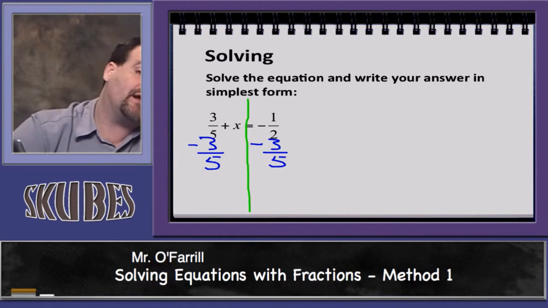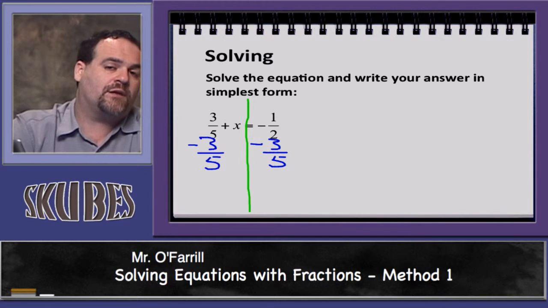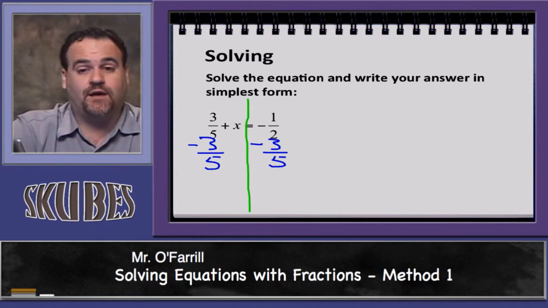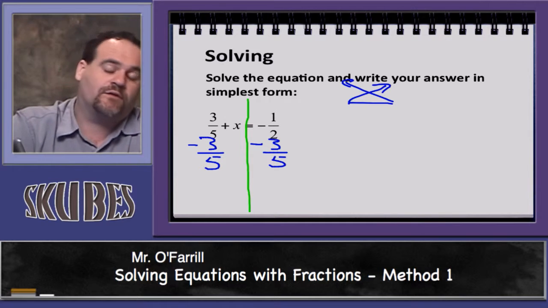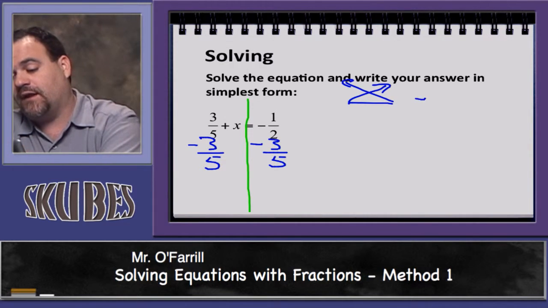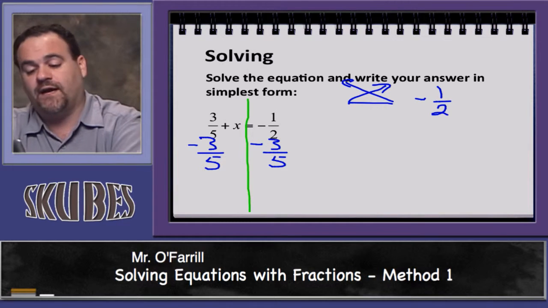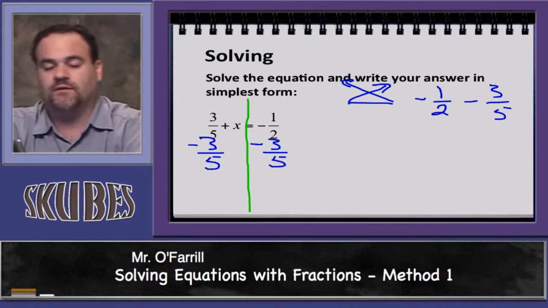But these fractions don't have the same denominator, so we're going to have to do some work. We're going to go back to what we talked about before, adding fractions together. If you remember this little picture that I would often draw to go along with that, we're going to do that same thing. We're doing negative 1/2 minus 3/5.